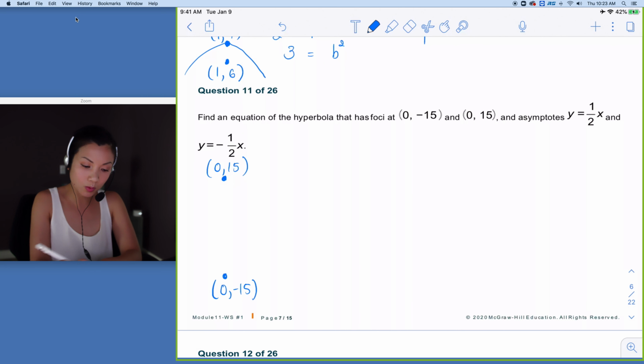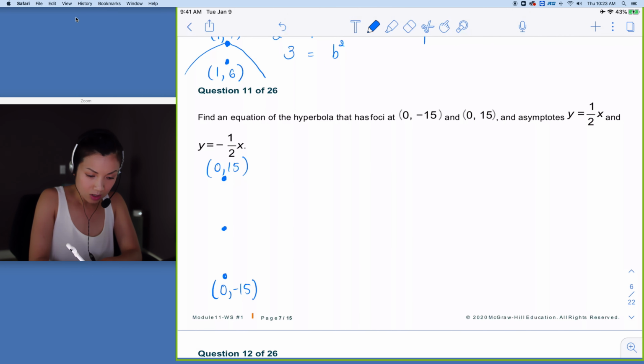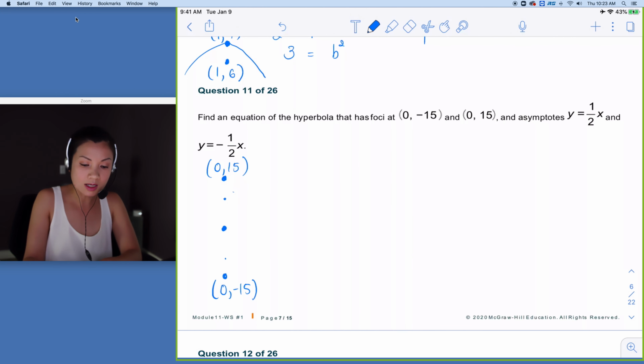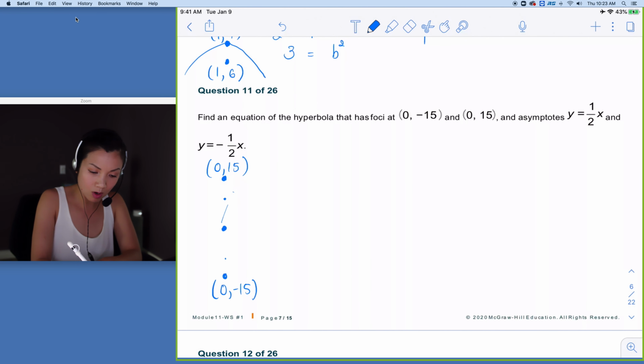So we know that the center is right here. We know the center is going to be 0, and how do I know the number for y?